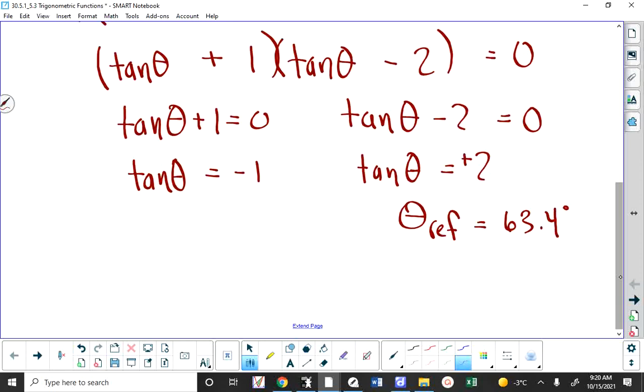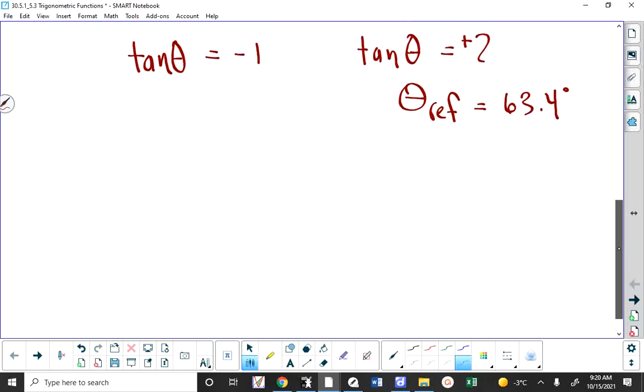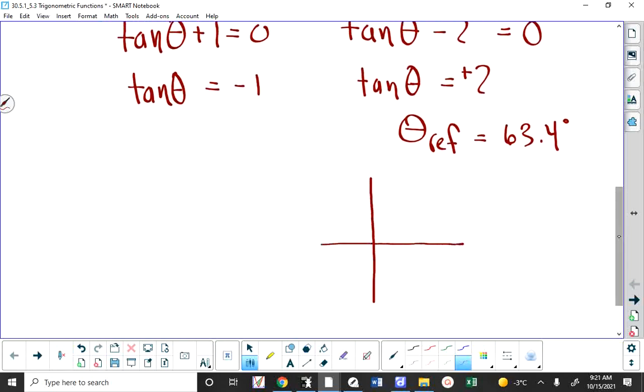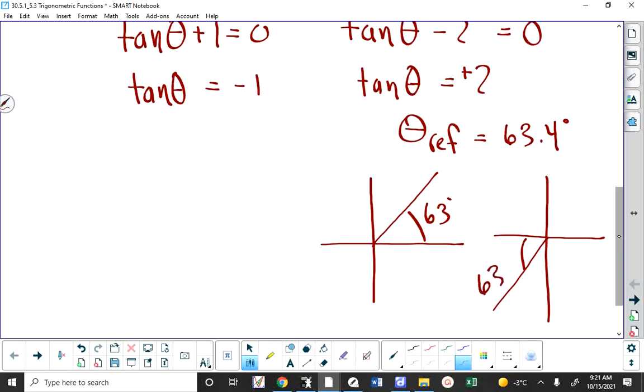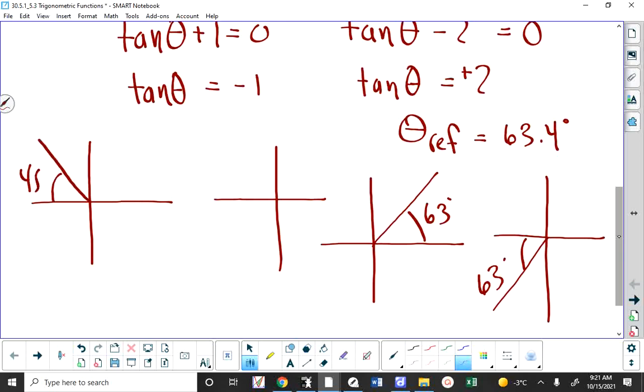Tangent is positive in quadrant 1, so you would put 63.4 degrees there. In quadrant 3, you would put the 63.4 degrees there. Over here, if you use the same approach, you would get a reference angle of 45 degrees, but it would be in quadrant 2 and quadrant 4.